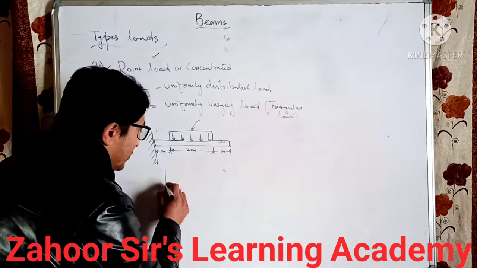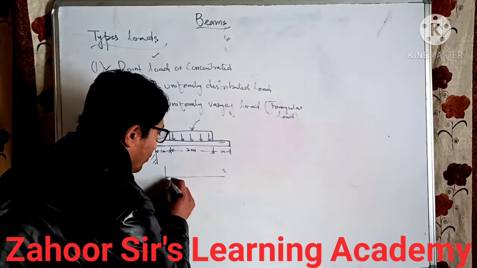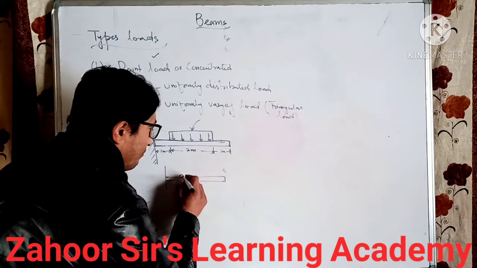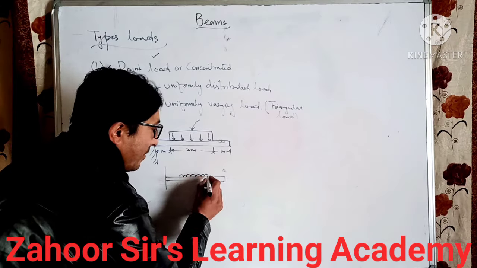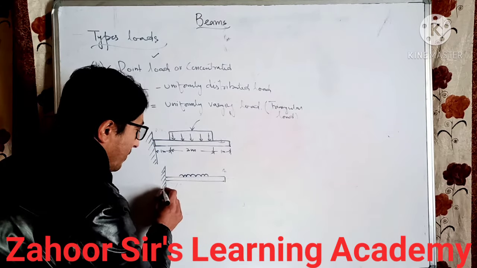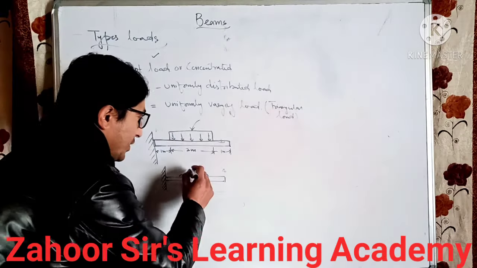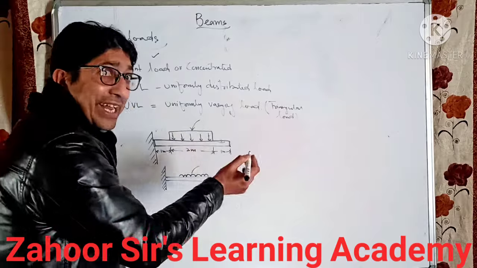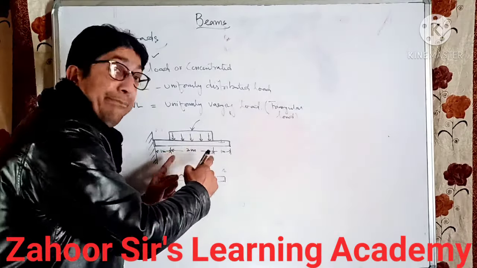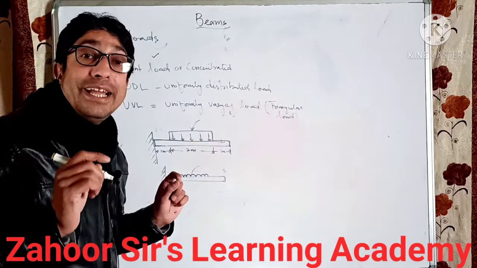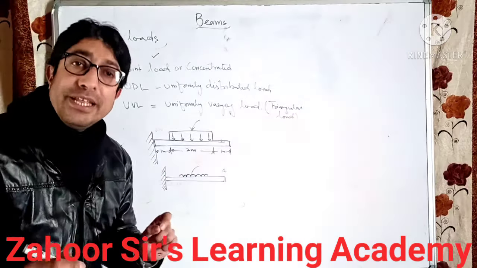Another graphical representation of UDL is like we show it like this. So you can either show UDL like this or like this. Again, it's a load but spread over a particular area. It occupies some area beneath.